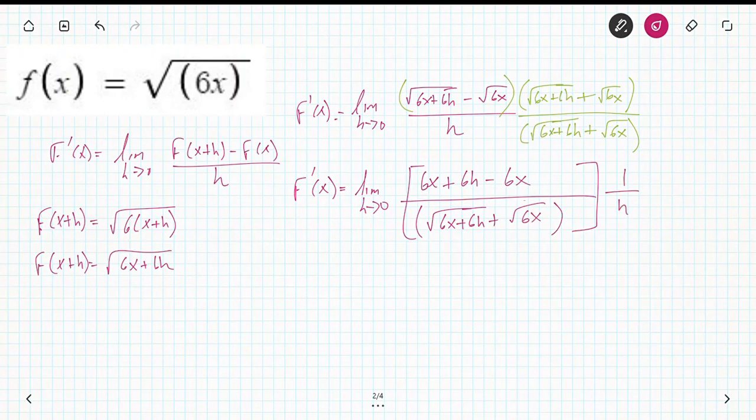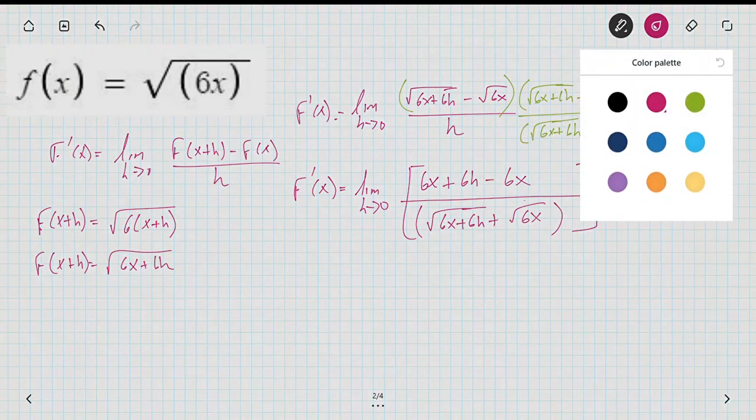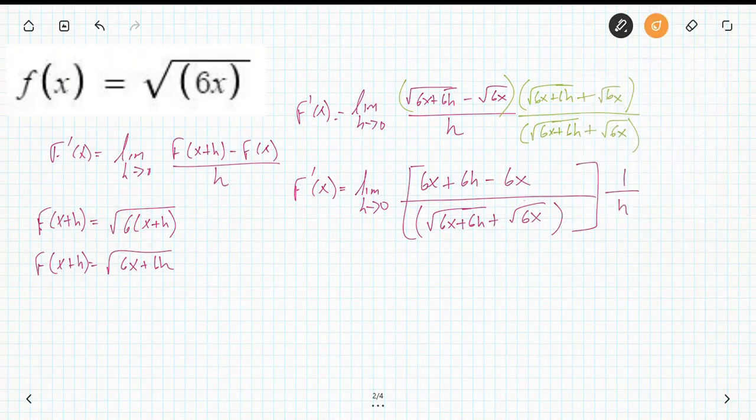Okay, so times 1 over h, because it's the same thing as dividing the whole thing by h. All right. So now let's see what we can eliminate here, because again, it's very important to get rid of things that just go away, so that we make it easier. So that 6x and that negative 6x were taken out. Look at this h here at the top and this h here at the bottom. So let's eliminate this and this.